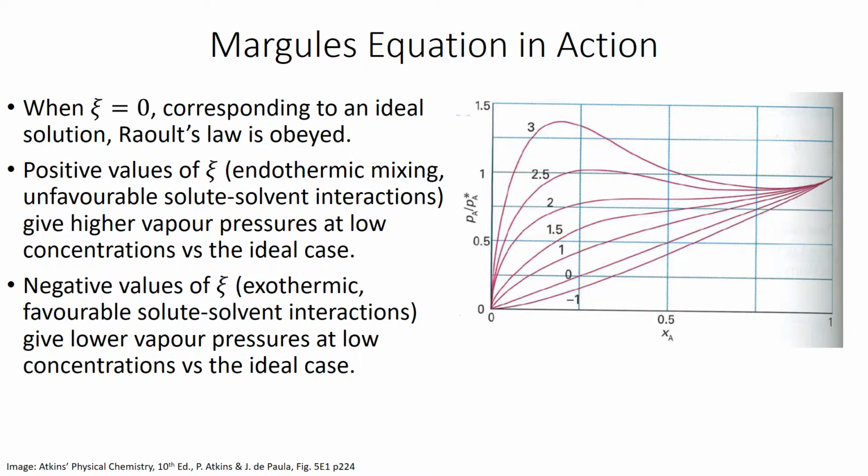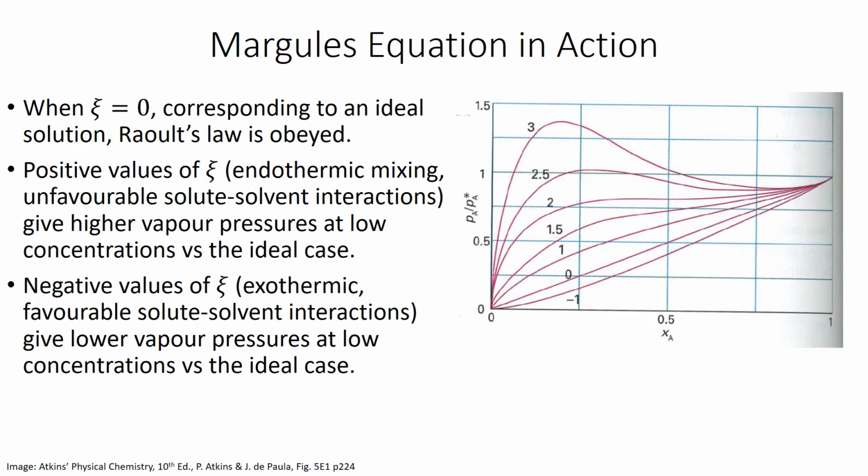Now, when your eta parameter equals 0, what you get back is a straight line for the vapor pressure versus mole fraction. And that is just Raoult's law. For positive values of eta, you get endothermic mixing, which means you've got unfavorable solute-solvent interactions.